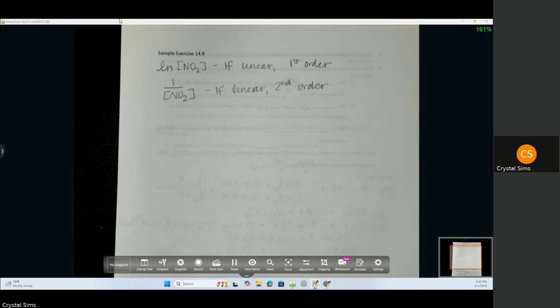So the easiest way to do this is to take the data that's given for you in the book and then put a couple more columns on the table so that you can put your data in there.